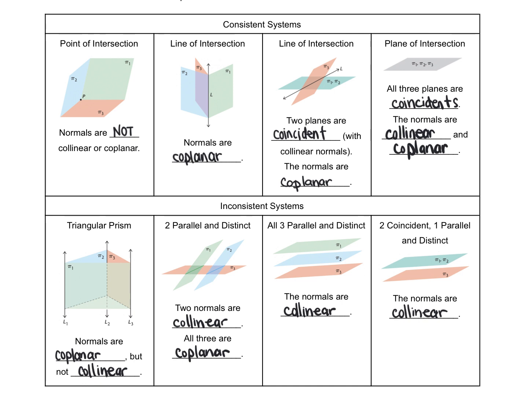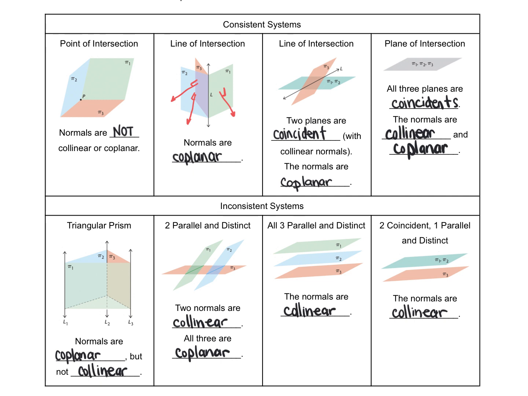And remember, the normals are the lines that are perpendicular to that plane. So let's say this is the normal perpendicular to that. This is the normal perpendicular to that. This is the normal perpendicular to that plane. And all three of those normals belong in the same plane.